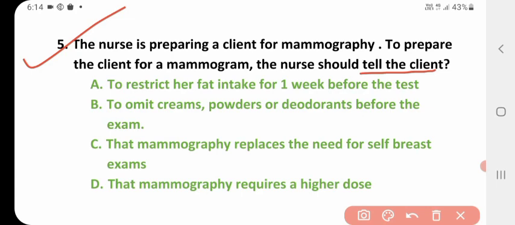The answer is to omit creams, powder or deodorants before the exam. Option B.